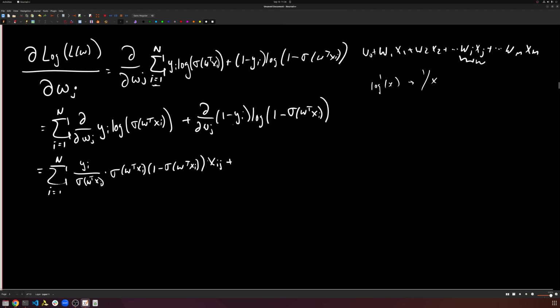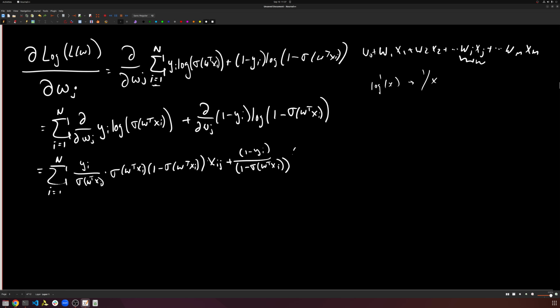So plus, this will be 1 minus yi divided by 1 minus sigmoid w transpose xi. And then we just multiply by the derivative of the inside function. Notice we have a negative here now, so we're going to have an extra negative 1 term.